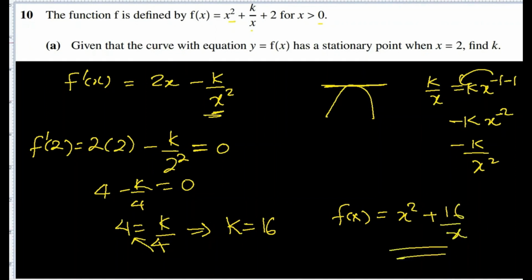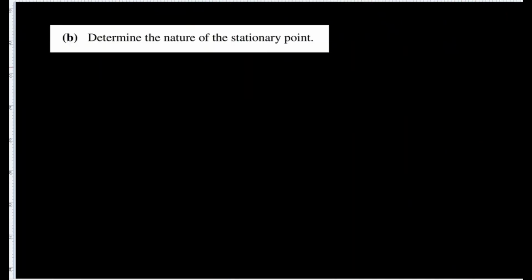Okay, next part. Determine the nature of the stationary point. So f prime x was 2x minus k over x square, and now we have the value of k, so let's substitute it by its value, which is 16 over x square.